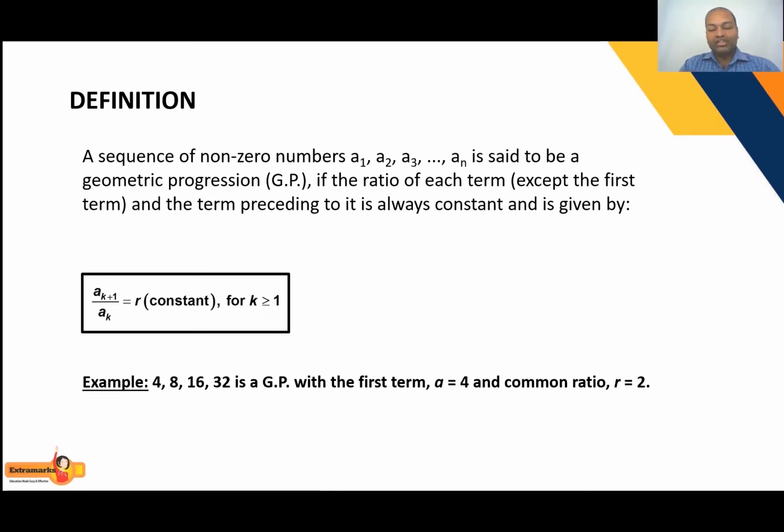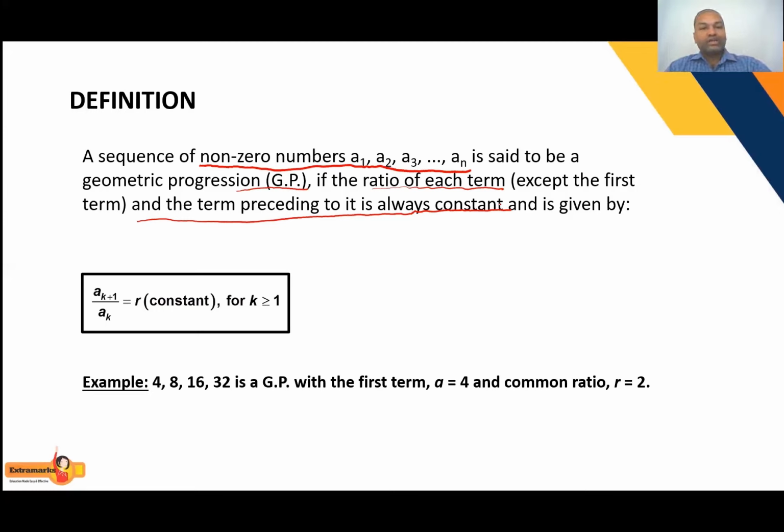So what is meant by geometric progression? A sequence of non-zero numbers a1, a2, a3, and so on up to an is said to be a geometric progression if the ratio of each term, except the first term, and the term preceding it is always constant.